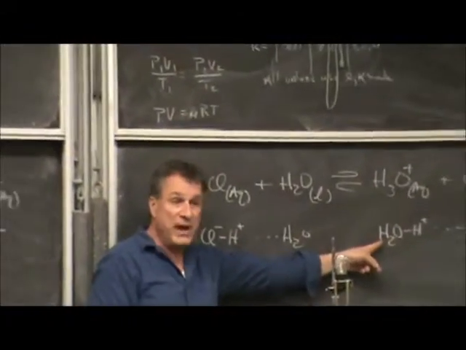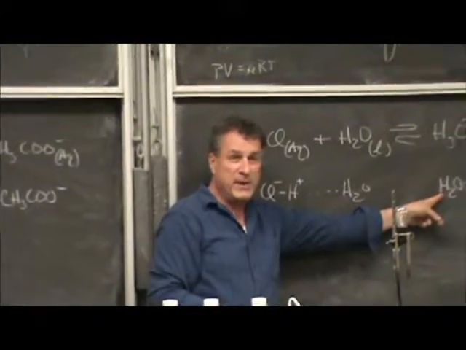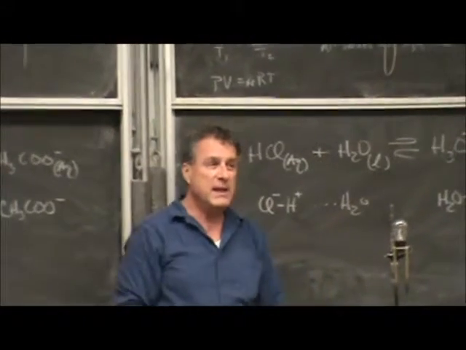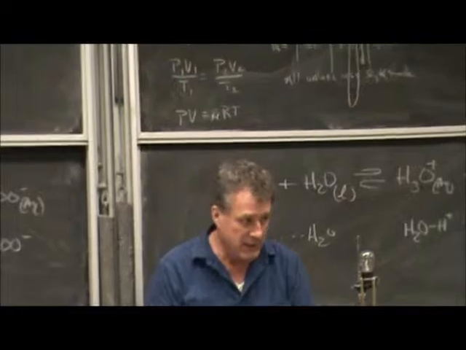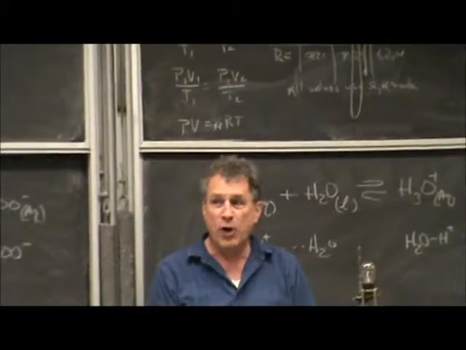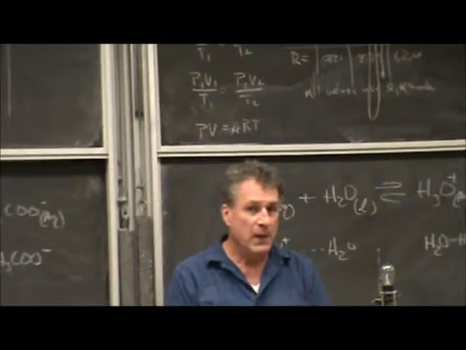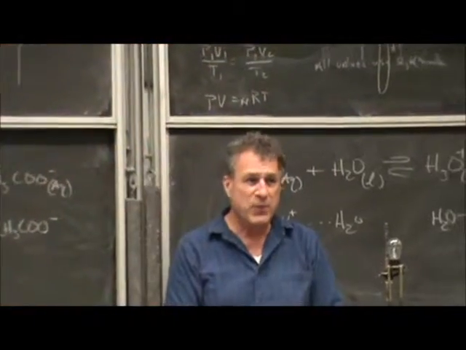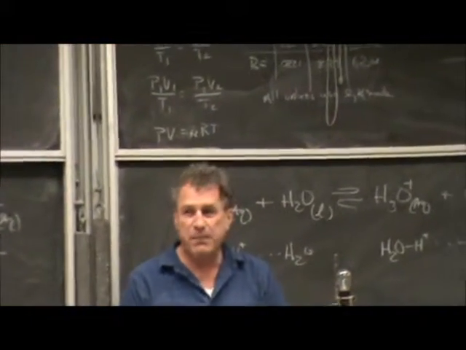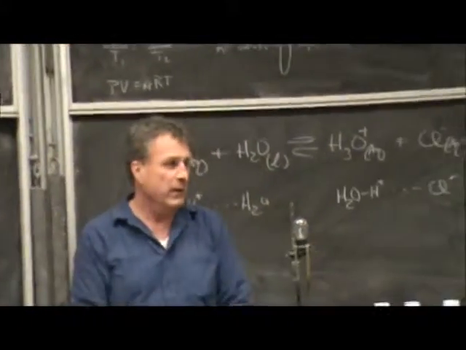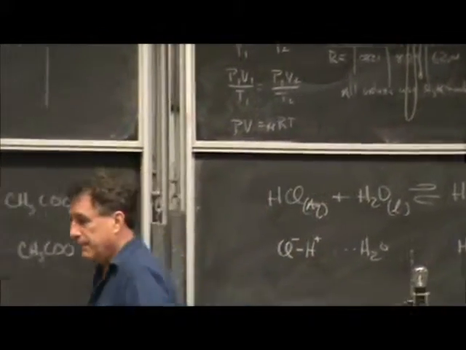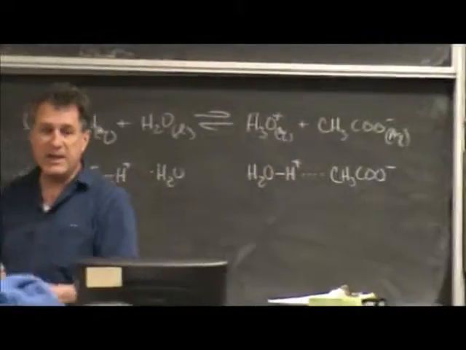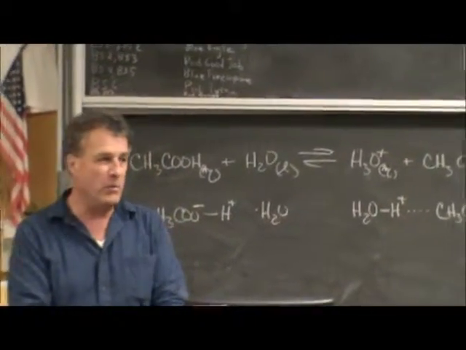Because the hydrogen ions want to be with the stronger base. Bronsted-Lowry acid-base reactions are all about the bases. How strong are the bases? In a Bronsted-Lowry acid-base reaction, bases are competing against one another for the hydrogen ion, and what we're interested in is who's going to win most of the time.